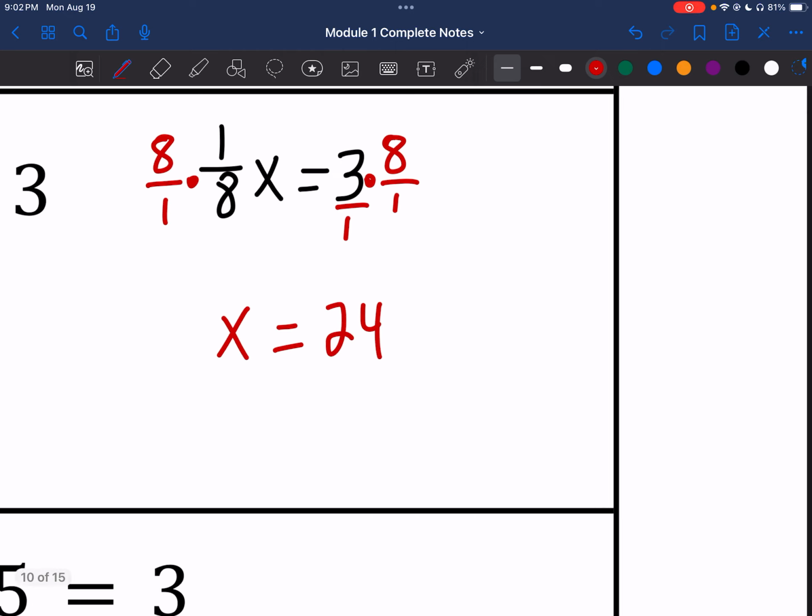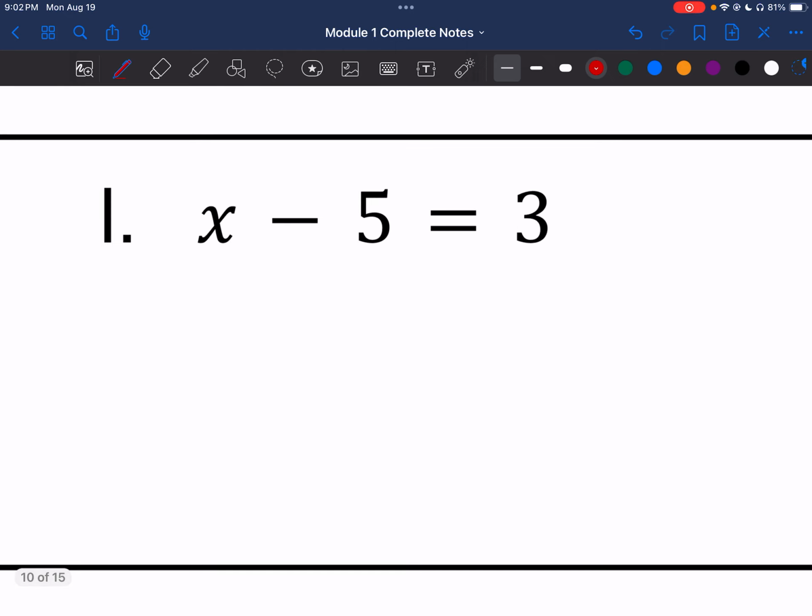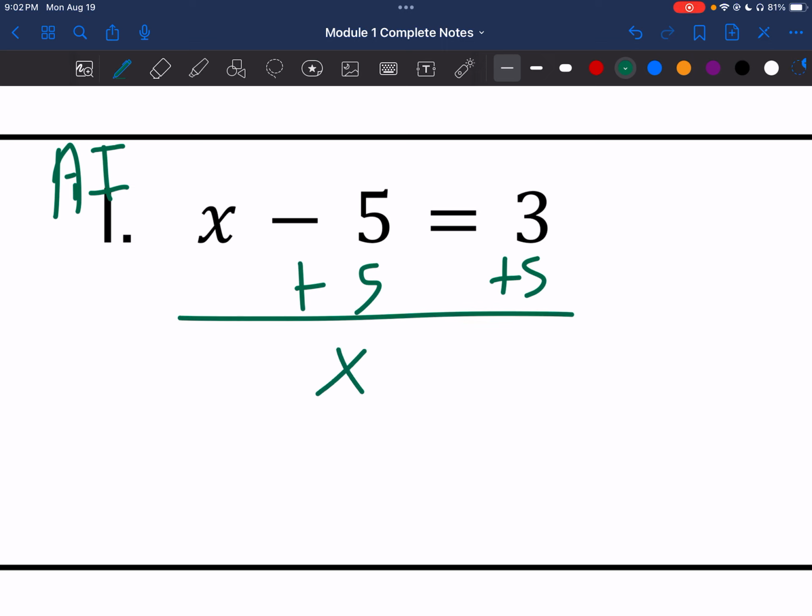Now let's look down at letter L. We have x minus 5 is equal to 3. So to work this, we're going to use our additive inverse. So we're going to add 5 to both sides of our equation, and x is going to be equal to 8. Because negative 5 plus 5, those are additive inverses. They cancel out and they give us 0.